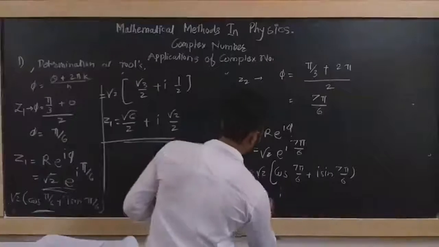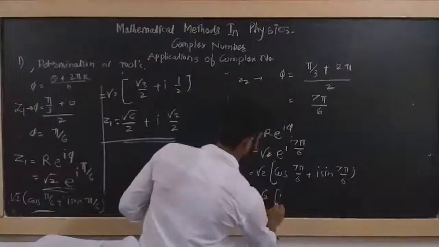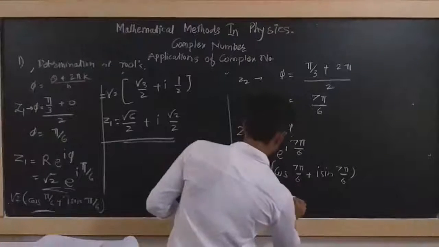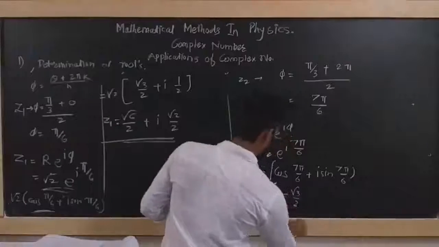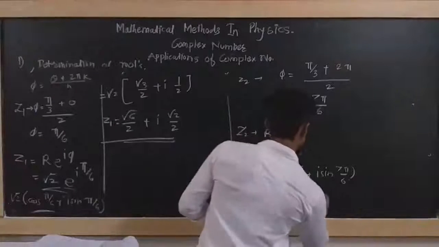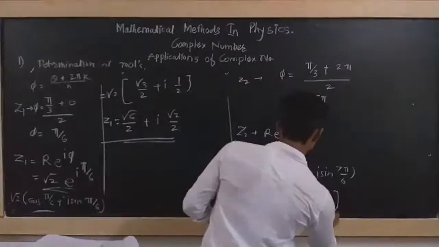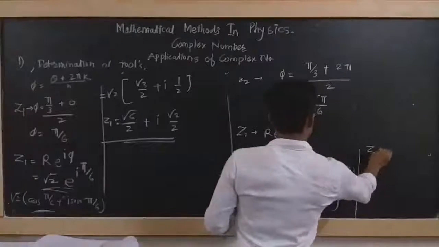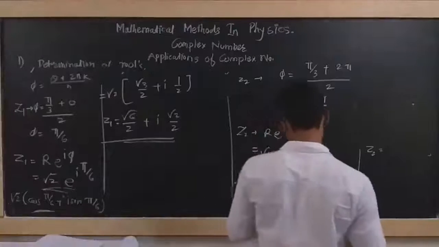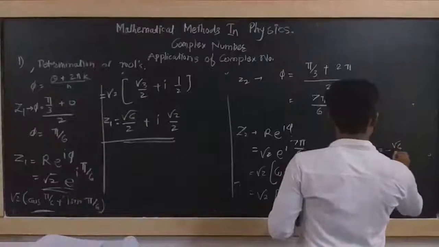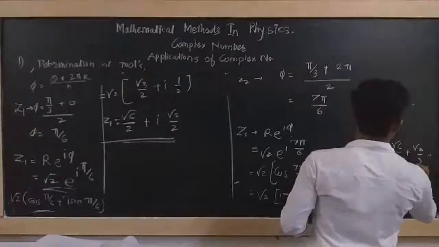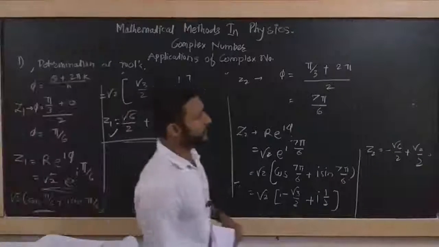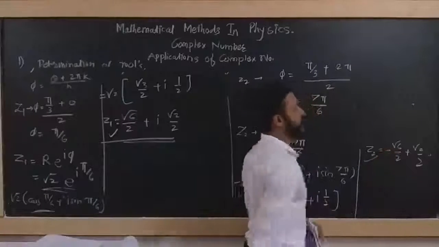If you go through the table, root 2 and you will get minus sign here: minus root 3 by 2 plus i 1 by 2. So the root z2 is equal to minus root 6 by 2 plus i root 2 by 2. So this is the first root z1 and this is the second root.